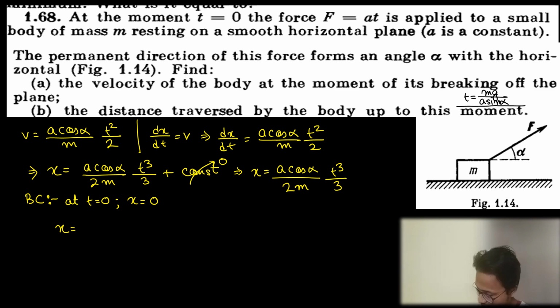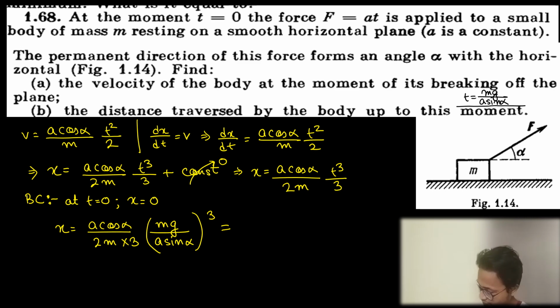So x is equal to a cos alpha by 2m into 3 into t cube, which is (mg by a sin alpha) cube. When I solve this, I get the value as m square g cube cos alpha by 6 a square sin cube alpha. So this was our problem out here.